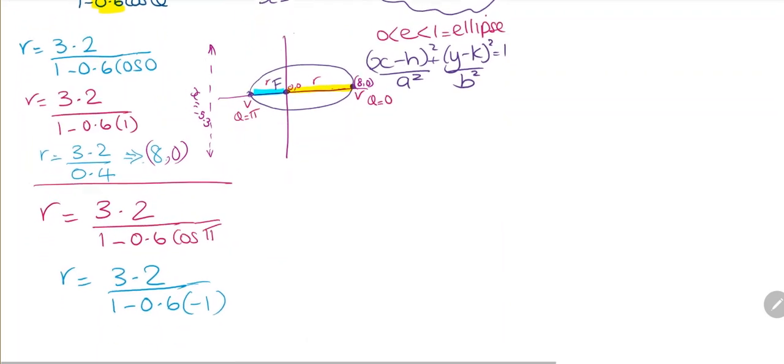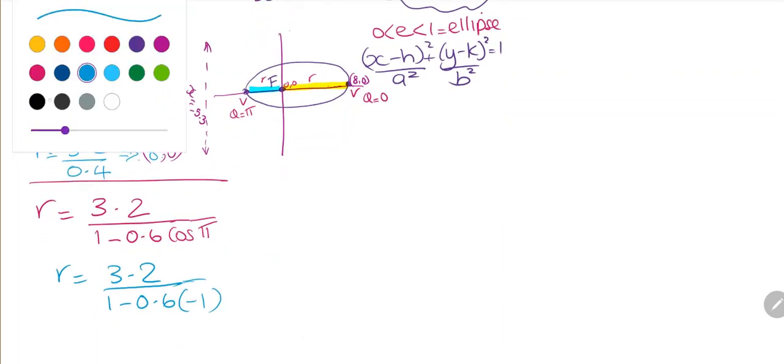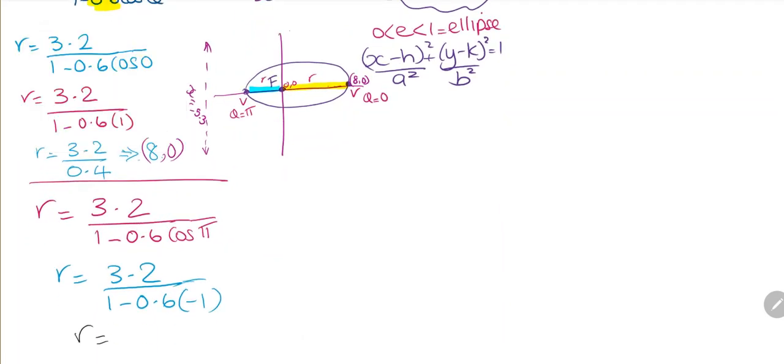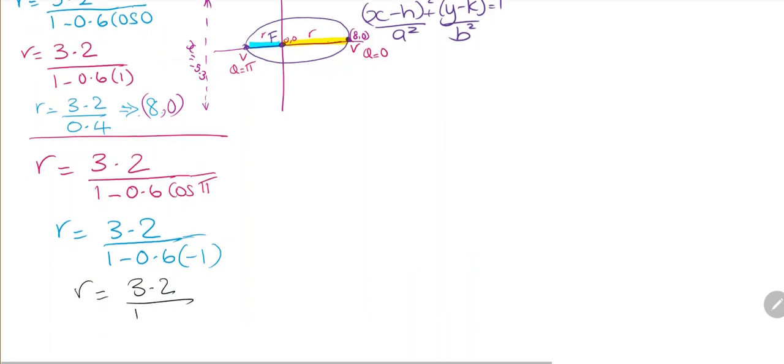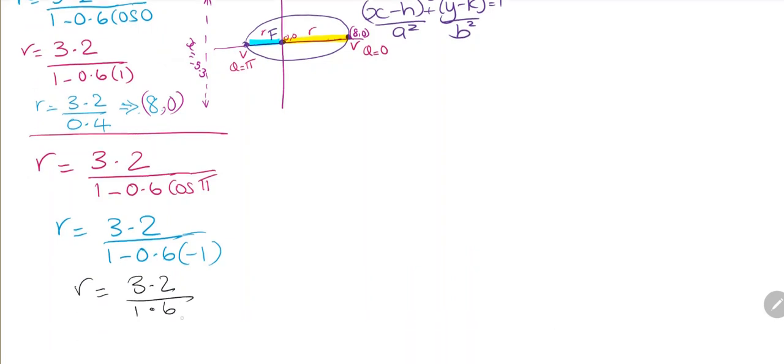So simplifying, we will have 3.2 divided by 1.6, because this is going to be positive.